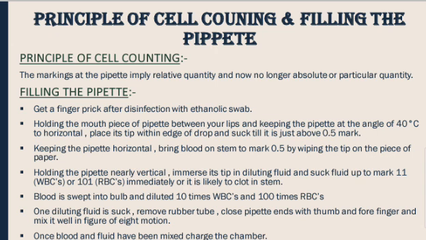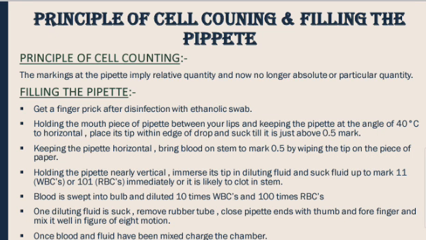First of all, get a finger prick after disinfection with ethanolic swab. Then holding the mouthpiece of pipette between your lips and keeping the pipette at the angle of 40 degrees to horizontal, place its tip within the edge of the drop and suck till it is just above 0.5 mark. Keeping the pipette horizontal, bring blood on stem to mark 0.5 by wiping the tip on a piece of paper.